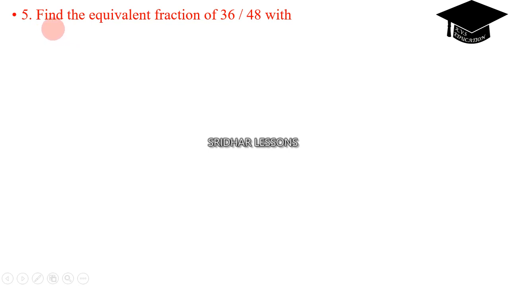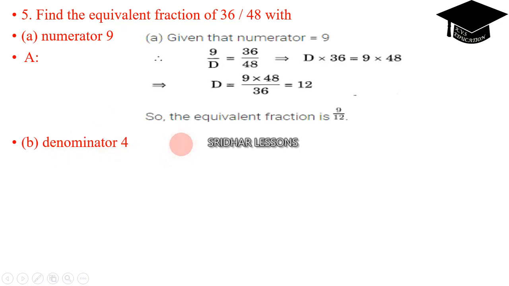Fifth problem. Find the equivalent fraction of 36 by 48 with numerator 9 and denominator 4. We will see about numerator 9 first. Given that numerator is equal to 9, 9 by d, d is the denominator. 9 by d is equal to 36 by 48.